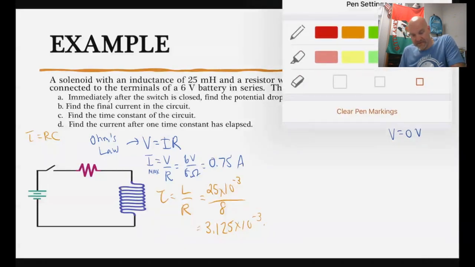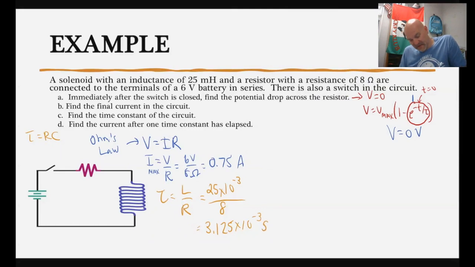I apologize, that is S, seconds. So that's telling us that all this stuff that happens, the changing of the current, the changing of the voltage, happens every 3 milliseconds, basically, is what that's saying.